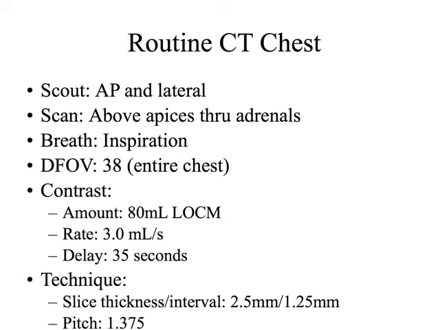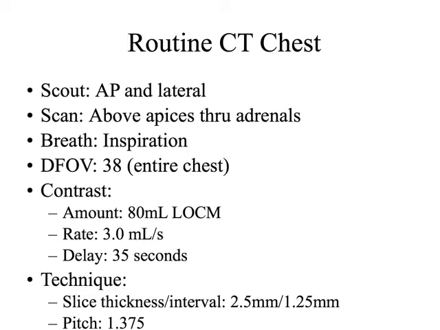And then if we suspect cancer, we want to give oral contrast prior to scanning, just to help us differentiate between the esophagus and surrounding structures like lymph nodes. And also we want to make sure we scan through the adrenal glands. That's really, really critical, because that's a common route of spread.